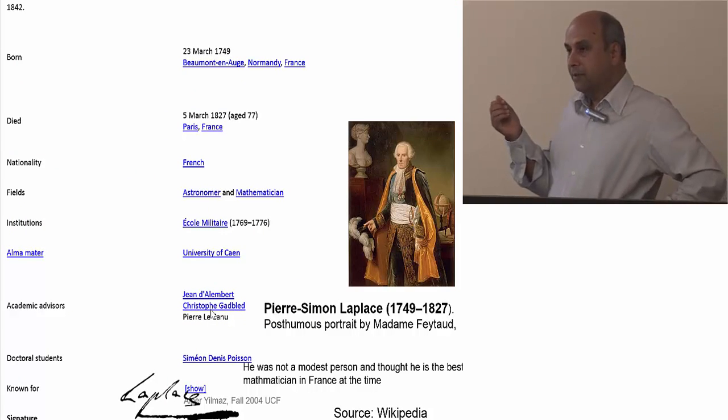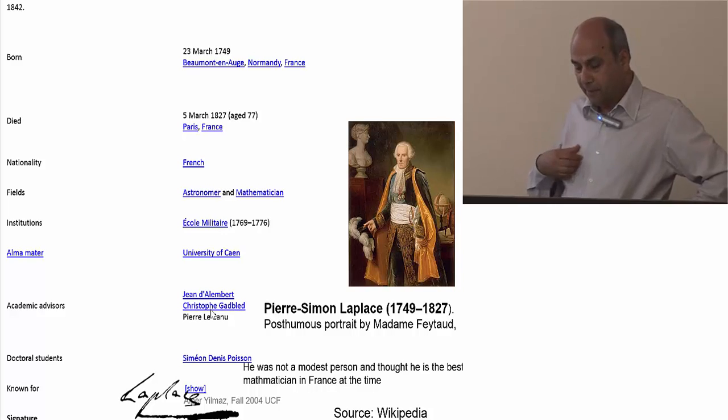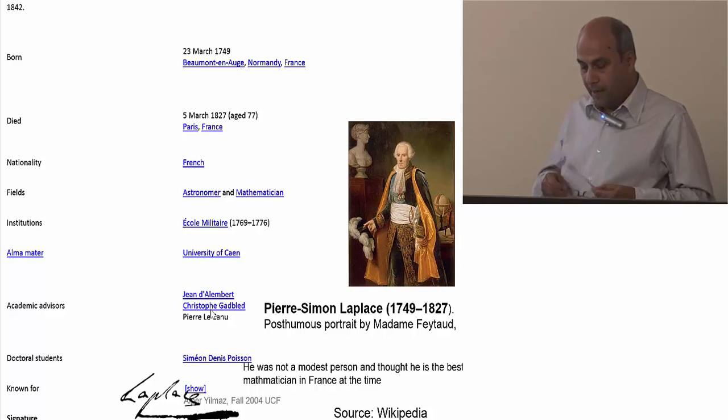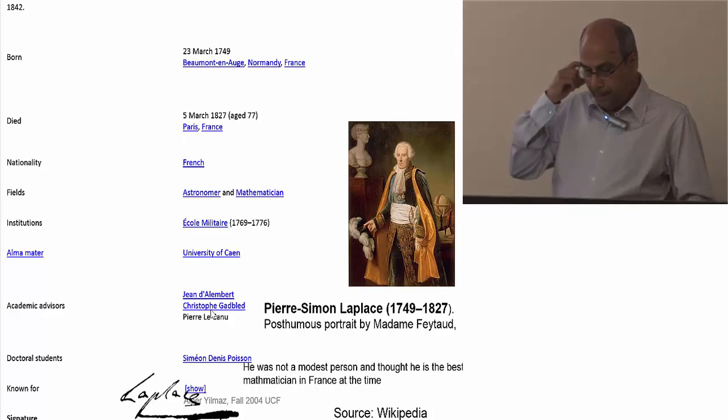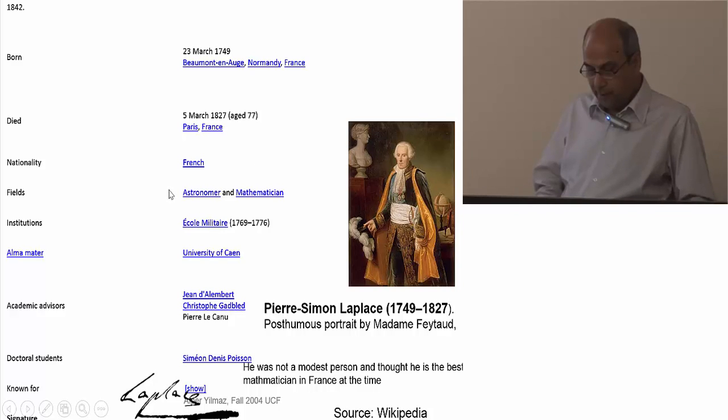The Laplacian is named after the famous French mathematician Pierre-Simon Laplace, who was born on 23rd March 1749 and died in Paris in 1827. He was a mathematician, astronomer, and he did lots of things.